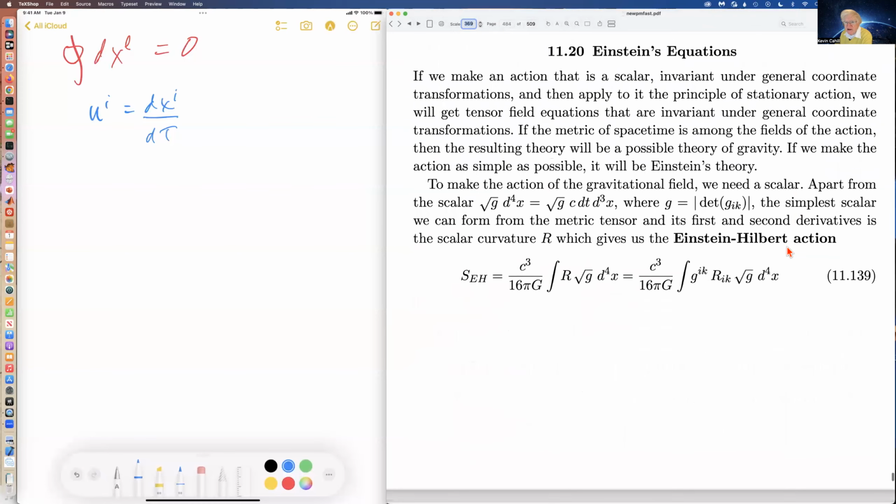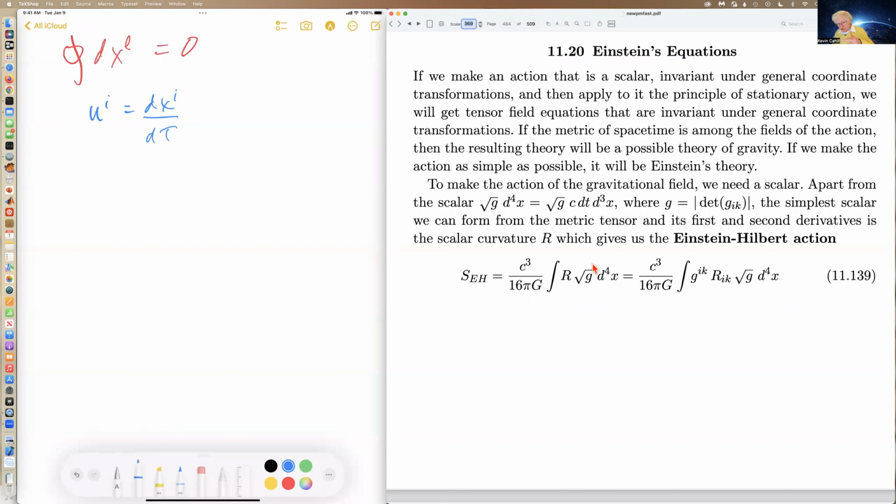Okay, so Einstein's equations, I think we'll focus a little bit on these today. And first of all, the Einstein-Hilbert action, there's a constant out in front. Then this is the invariant volume element, and this is the curvature scalar. So it's basically the integral, the Einstein gravitational action is the integral over space-time of the curvature.